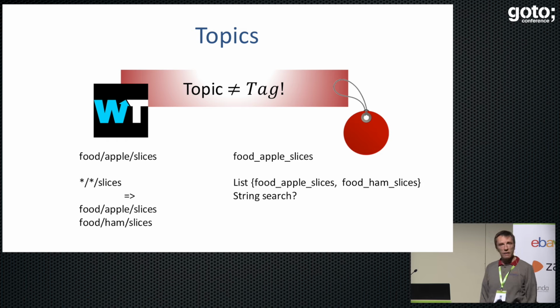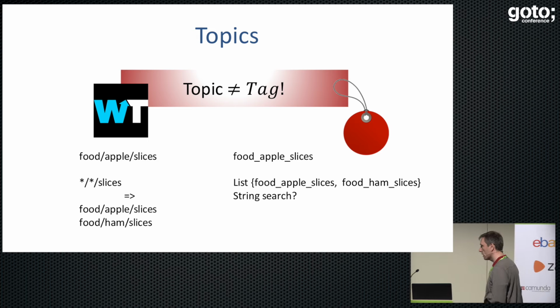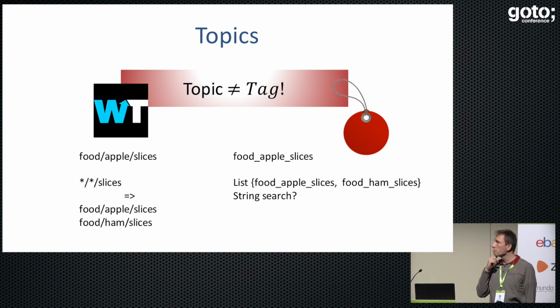So we might have apple slices, and we might be tempted to just tag our apple slices data with something like food apple slices. But then if we're listening to everything that is slices, we have to make a decision if all we have is a simple tag.